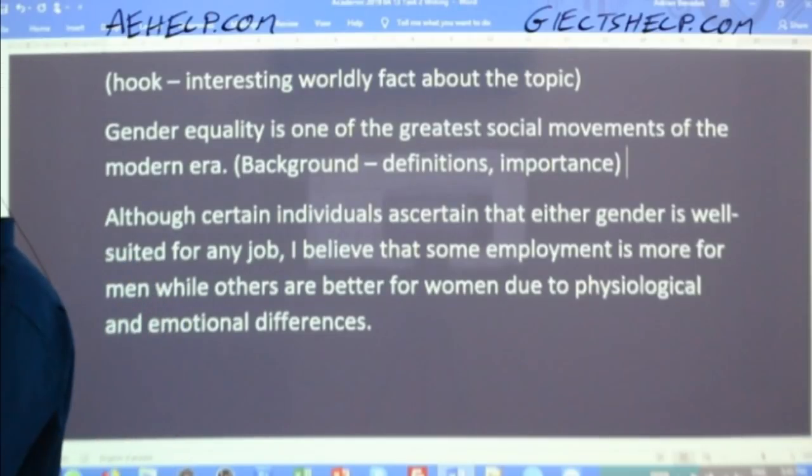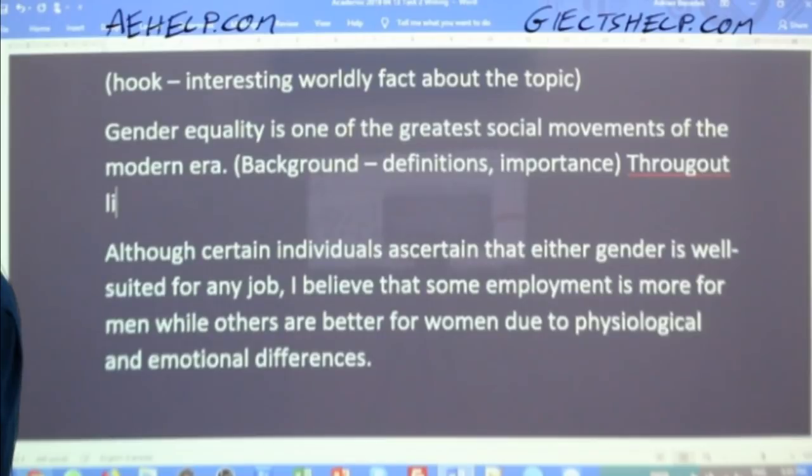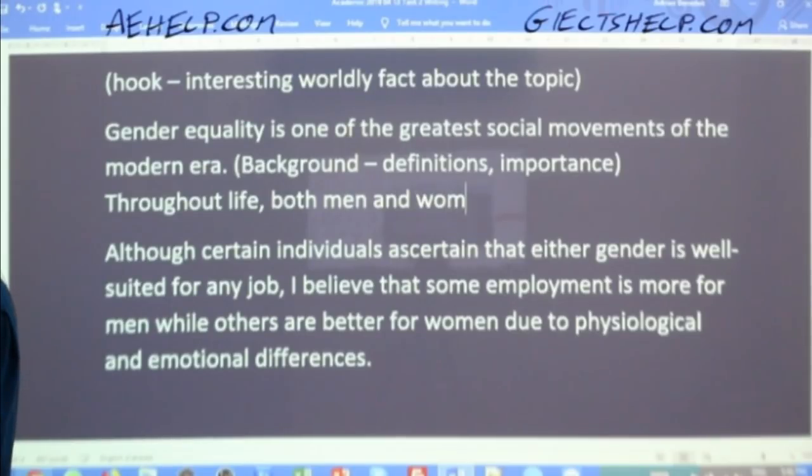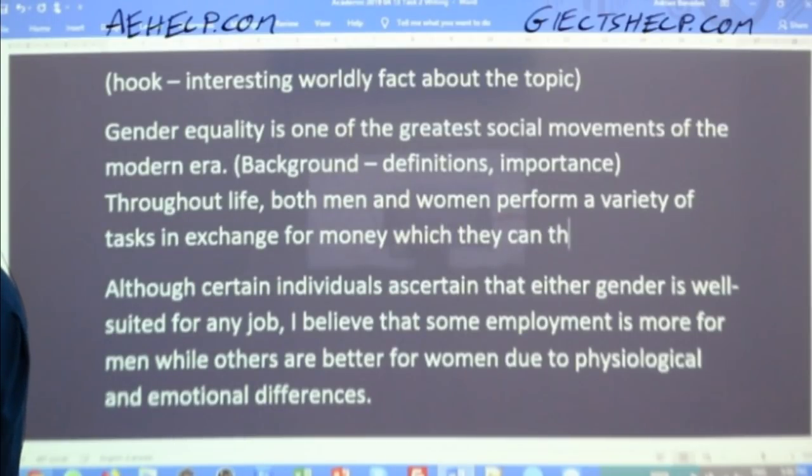So, throughout life, both men and women perform a variety of tasks in exchange for money, which they can use to sustain life.